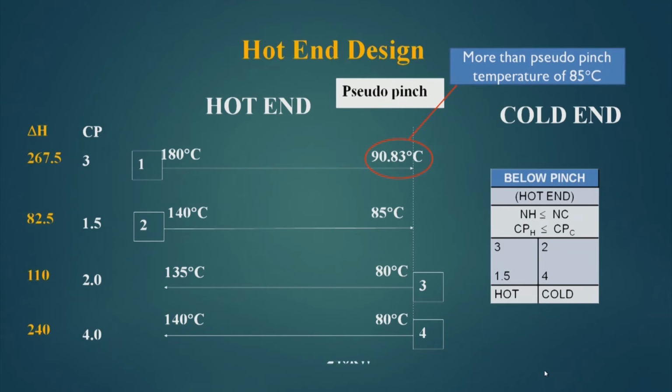So, based on this CP rule, if I put this match 3 to 4, this is perfectly agreeing with this rule, CPC 4 is more than CPH 3. So, I can put this match, and as per the tick-off rule, I can pass 240 kilowatt of heat energy from this stream to this stream.